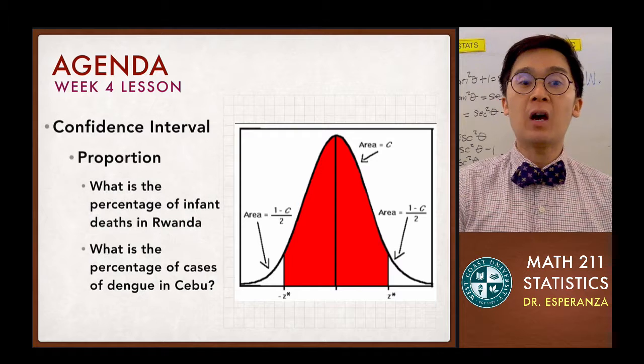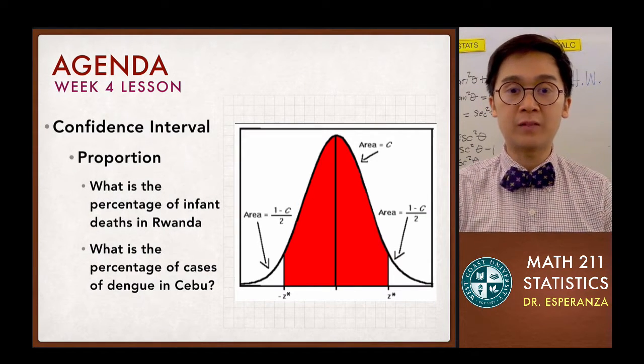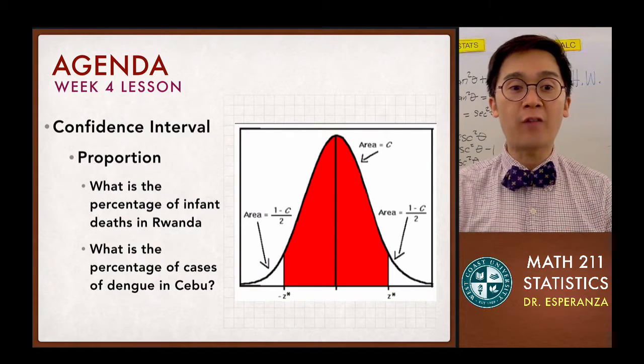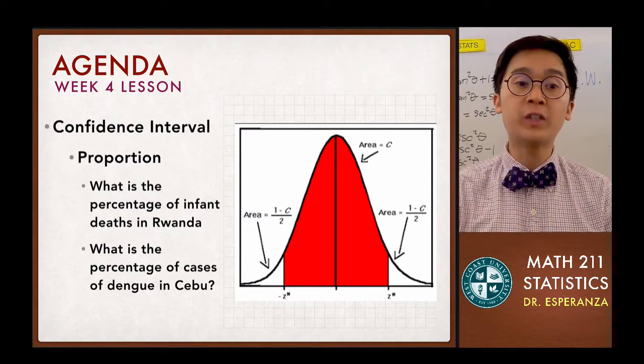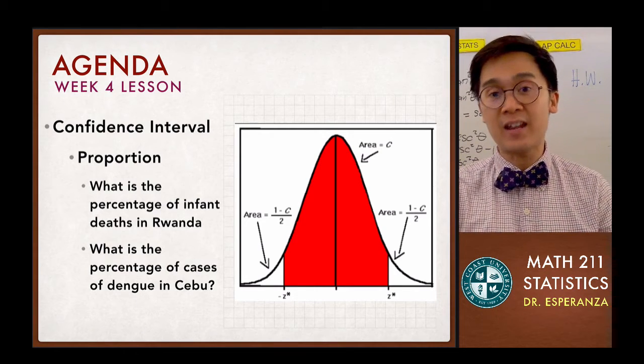Now, to give you a bit of background on confidence interval, an example of problems involving confidence interval for proportion is finding out the percentage of infant deaths in Rwanda.